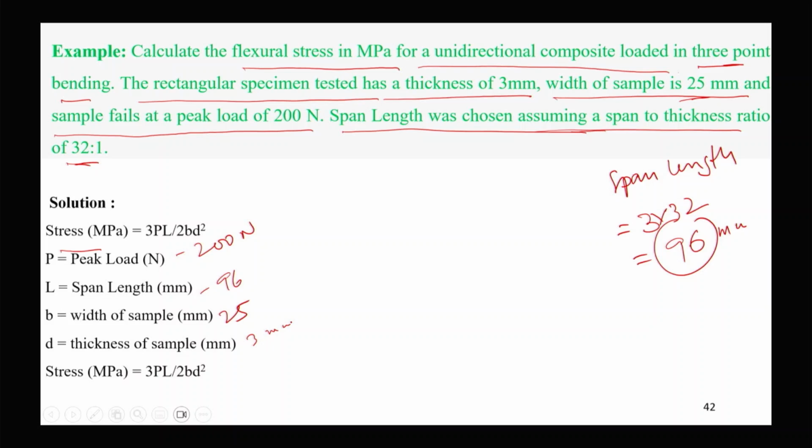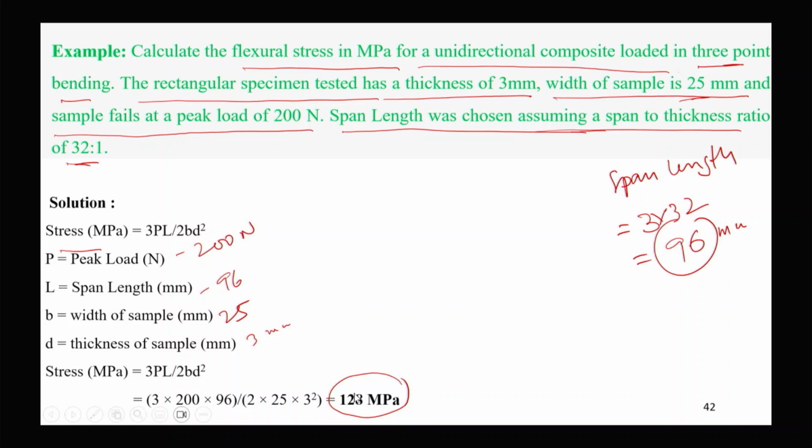And stress is given by 3PL. Just by simply replacing, we can calculate the stress. Replacing, we will get the stress, 128 megapascal.